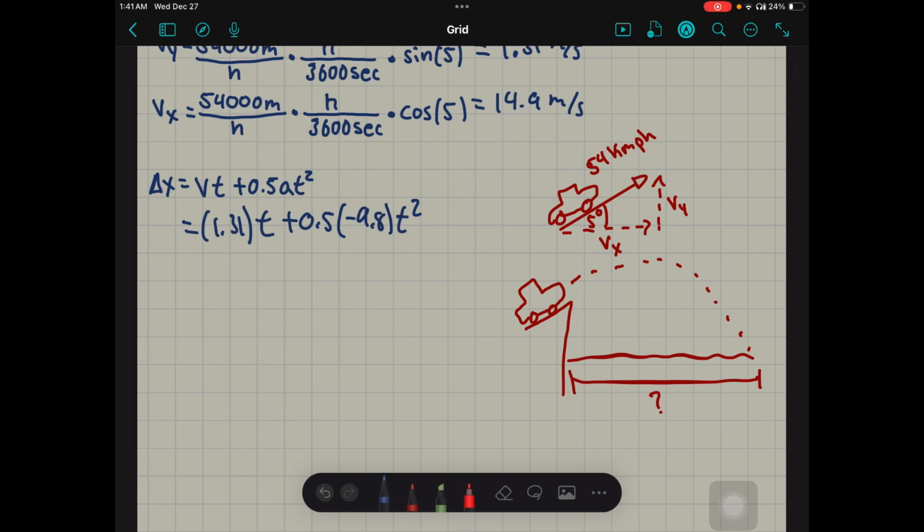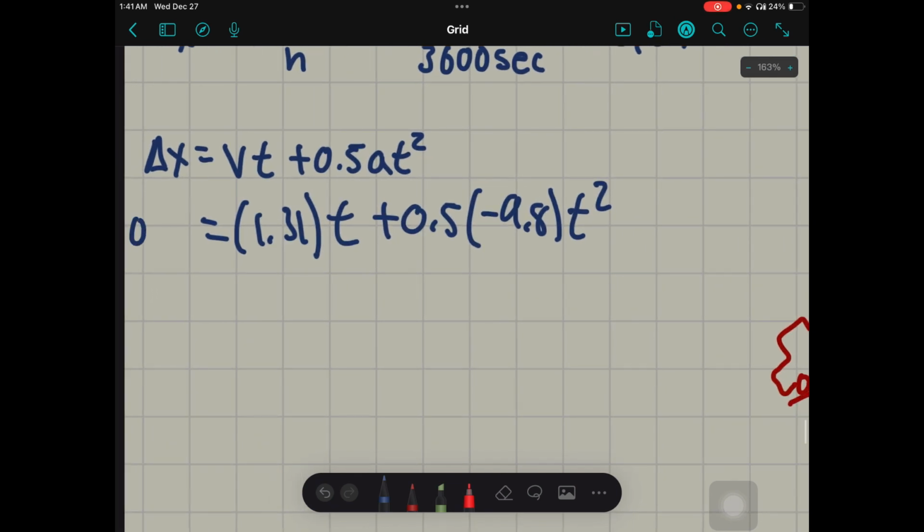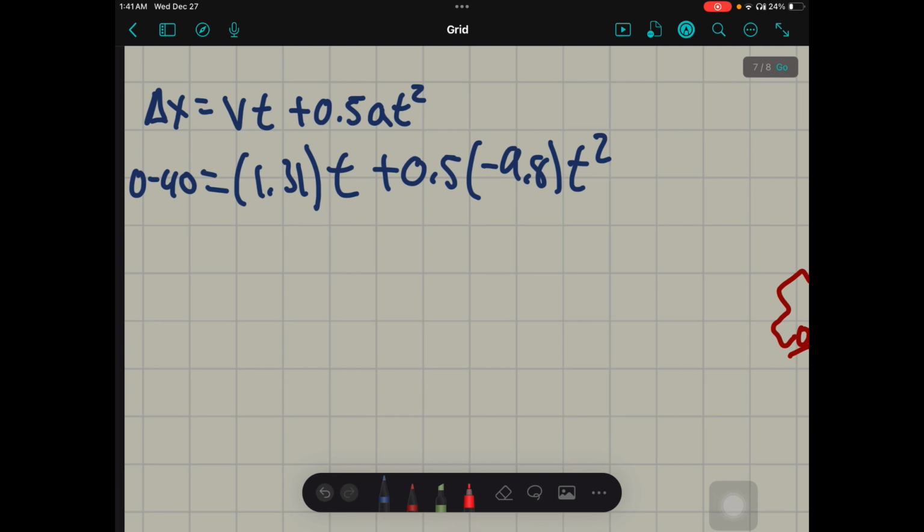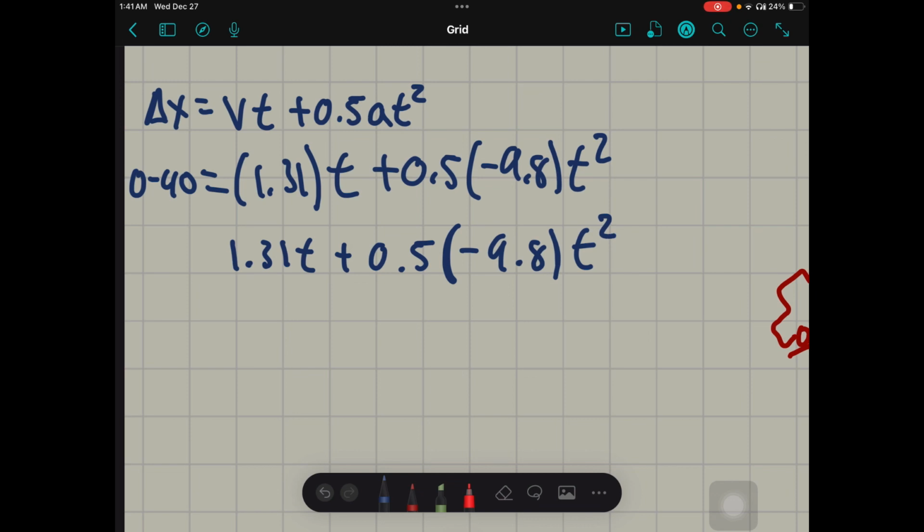So we can go ahead and do 0 minus 40. Now when we rearrange this, we get 1.31 t plus 0.5 times negative 9.8 t squared, and then we're going to add 40.